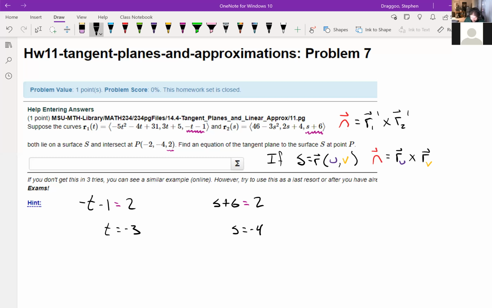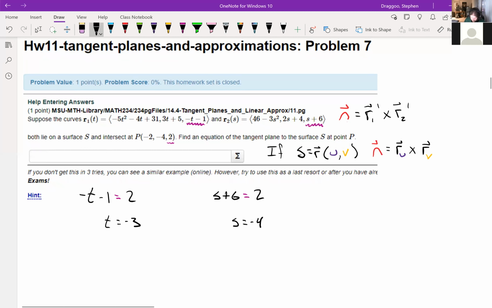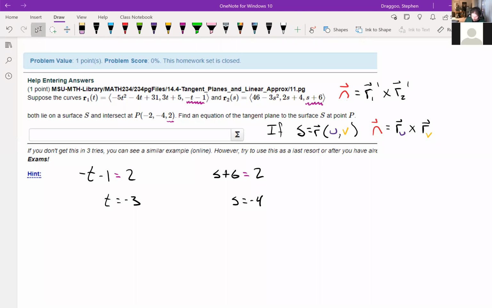All right, moving on. Now that I know what T and S are, I should find myself some derivative vectors. I'll start by looking at R1 prime of T. I should hopefully get the vector (-10t, -4, 3, -1) when I do that derivative.